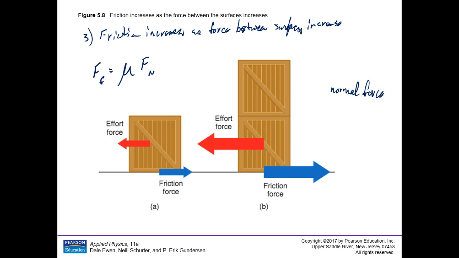Now this sounds really stupid, but it's really true. It's not the weight of the box on the surface, it's the force of the surface on the box. That's called the normal force. Weight is always pulling downward, the normal force is pulling upward.